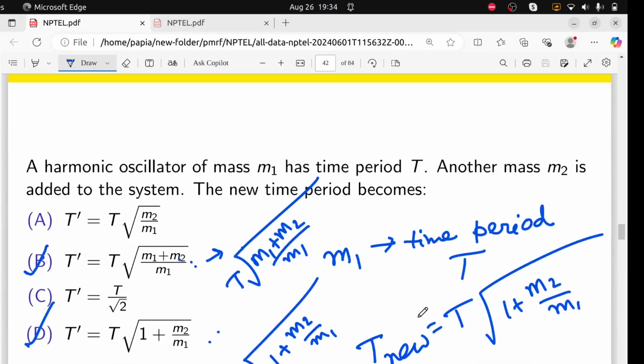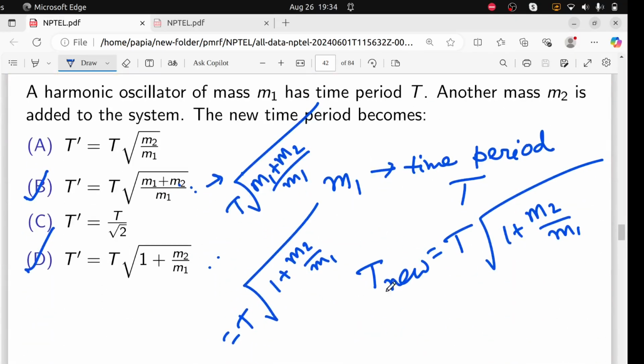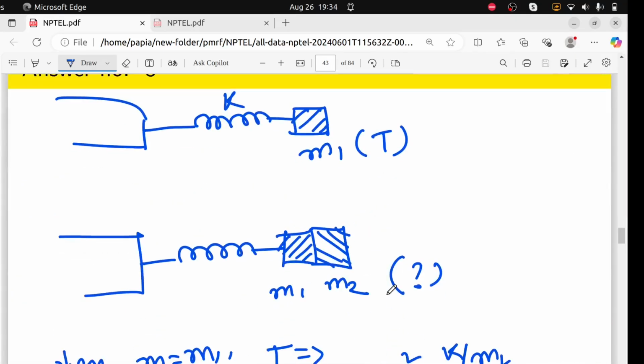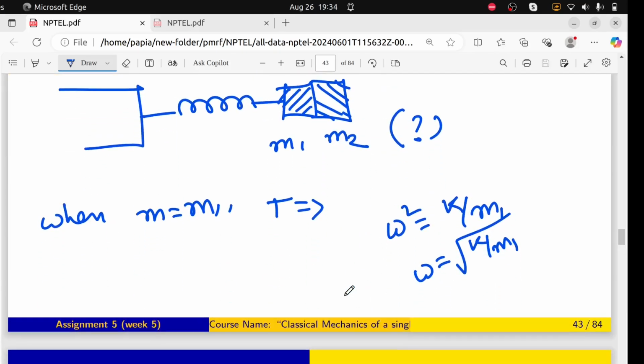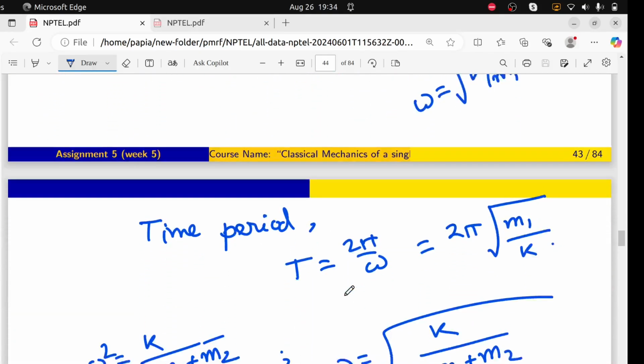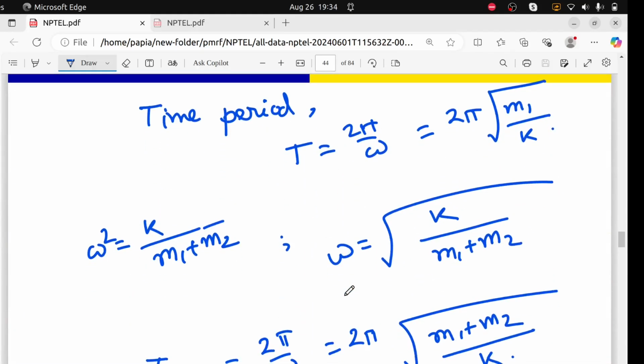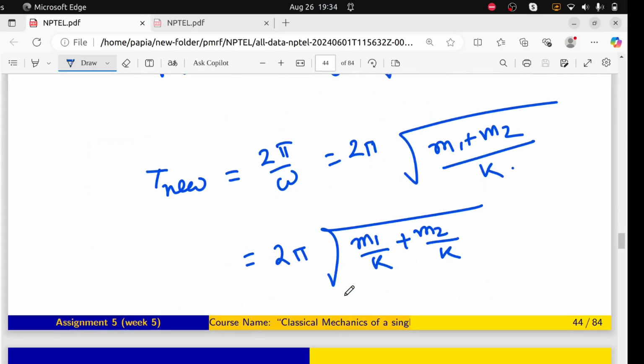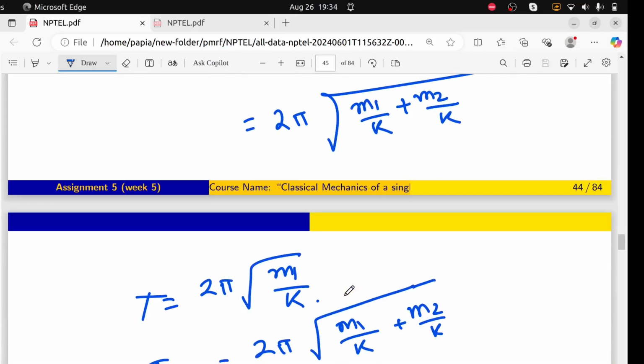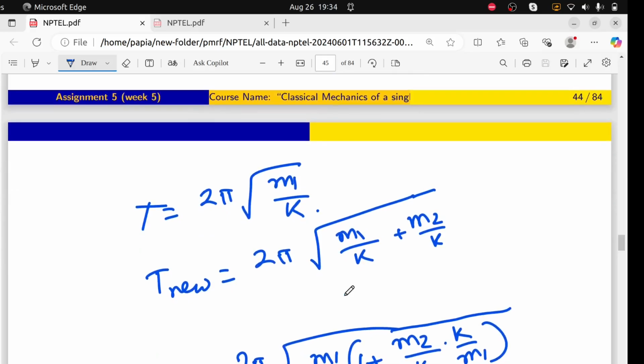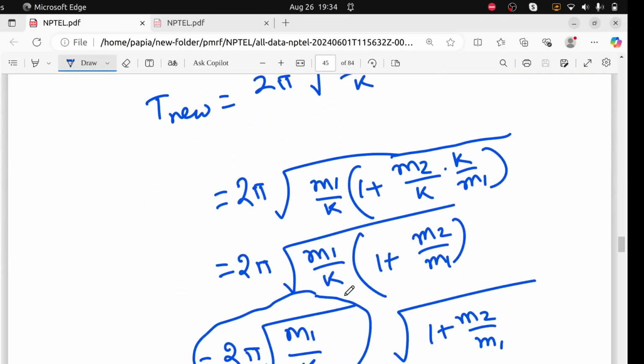Then coming to the next question, this one we pictorially represent, and then we calculated the T new in terms of T old, and it is coming as, not 2 pi, T into root over 1 plus m2 by m1.